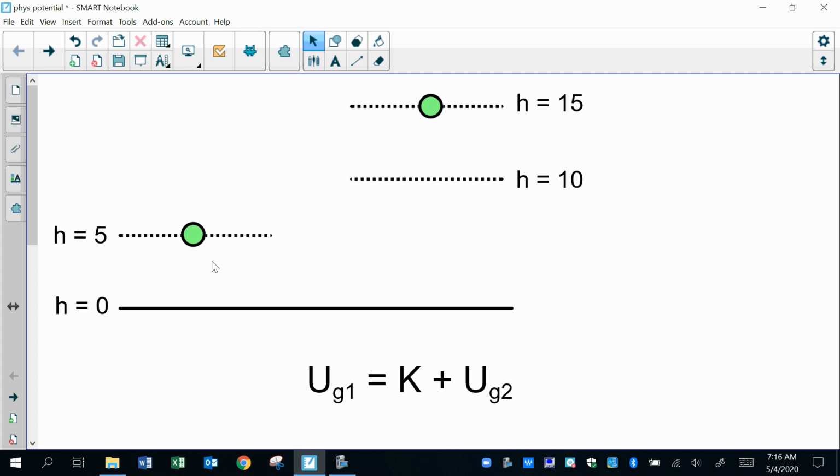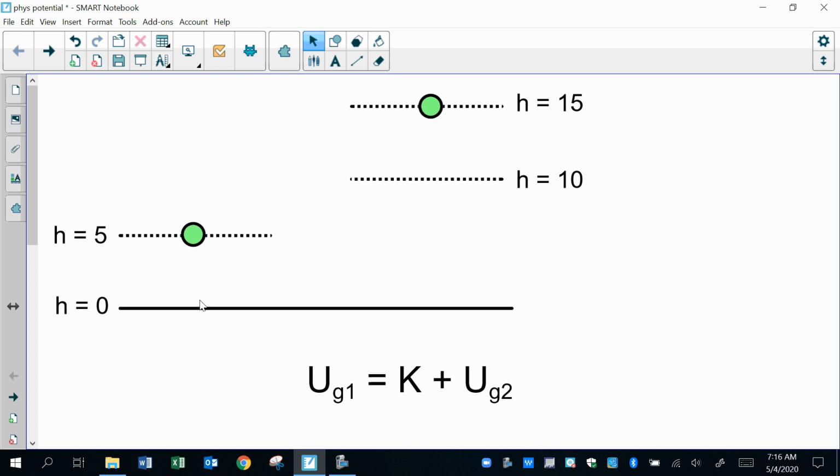Now, if I were to do this lab somewhere in our school and then go somewhere else at a higher elevation and do the same thing where I drop it from a height down 5 meters, I don't think it's a surprise to anyone that if we were to do a lab like this in different stories of a building, we're going to get the same speed after it falls 5 meters.